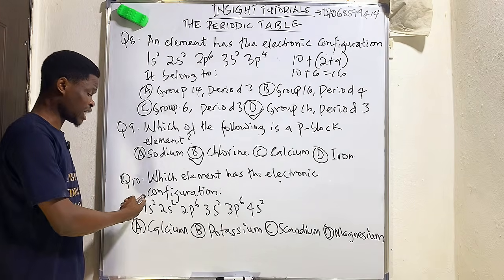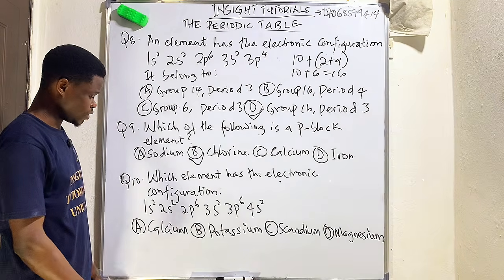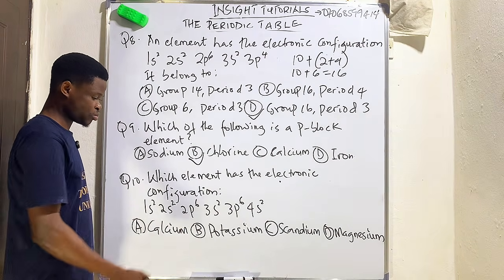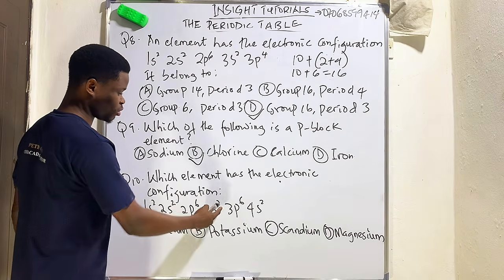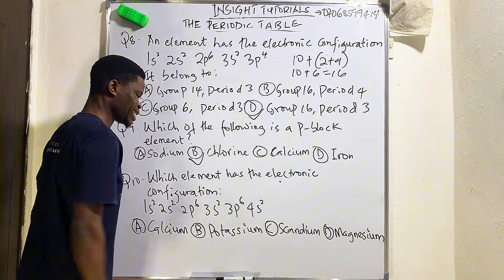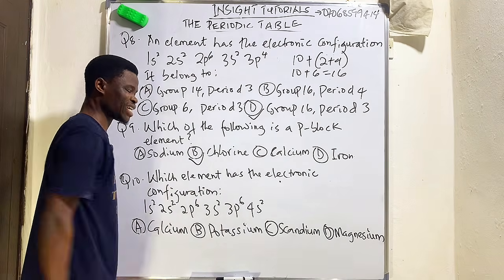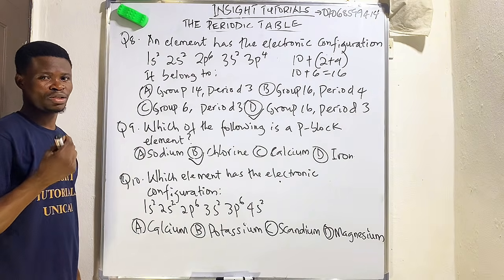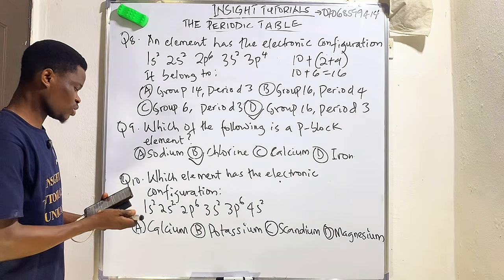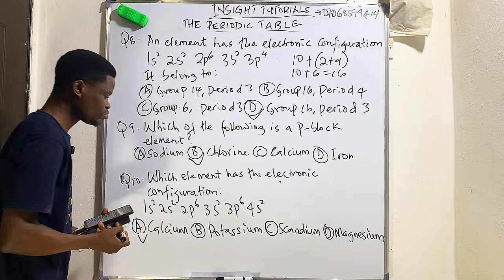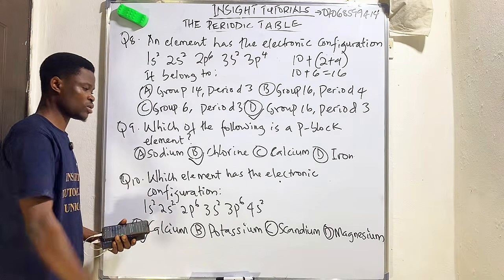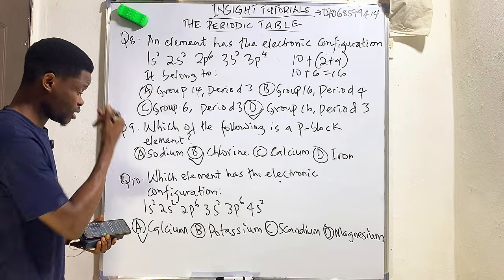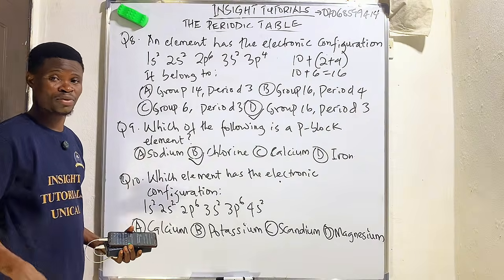We can do that by simply counting the exponents: 2 plus 2 is 4, plus 6 is 10, plus 2 is 12, plus 6 is 18, plus 2 is 20. So which element has 20 protons in its nucleus? The correct option is calcium, right? The other ones do not have 20 protons in their nucleus.